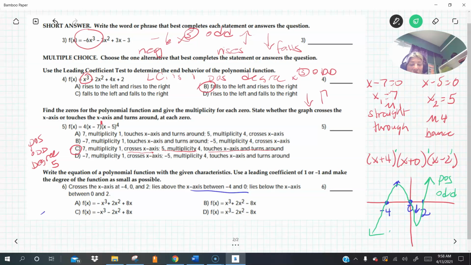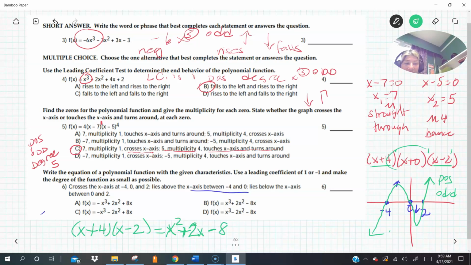To figure out which one it is, I can do my multiplication. Multiply your x plus 4 times your x minus 2. That becomes x squared plus 2x minus 8.